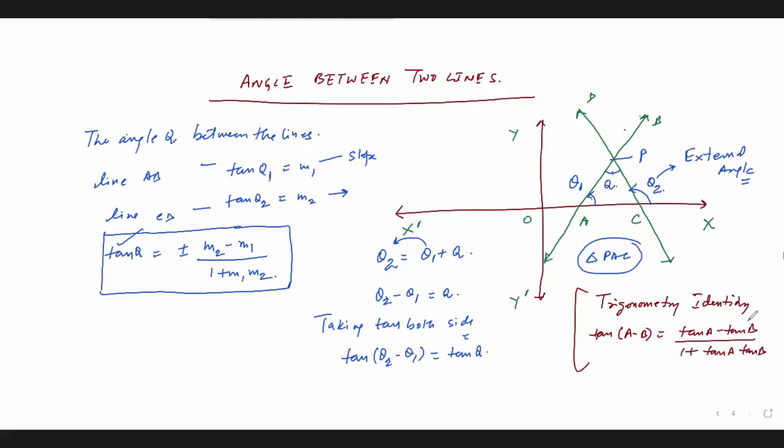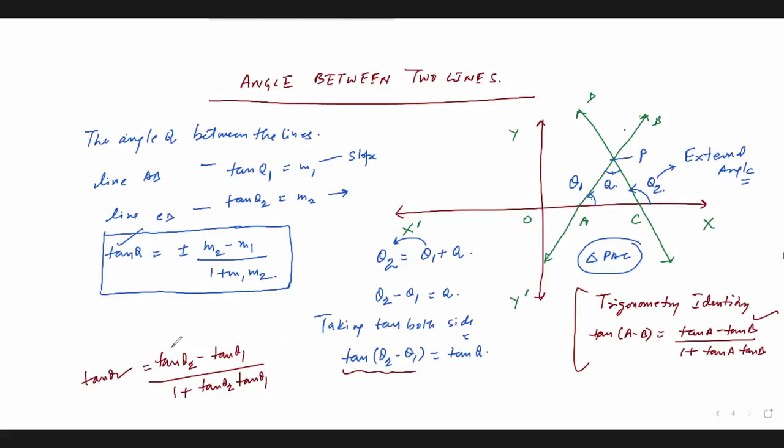So this identity I will apply on my left hand side. So what will come? Tan theta 2 minus tan theta 1 divided by 1 plus tan theta 2 tan theta 1, that is equal to tan theta.